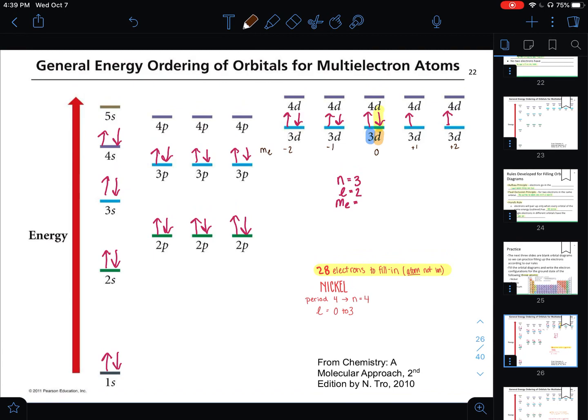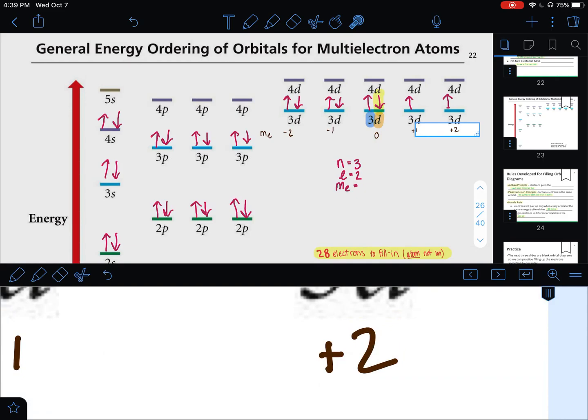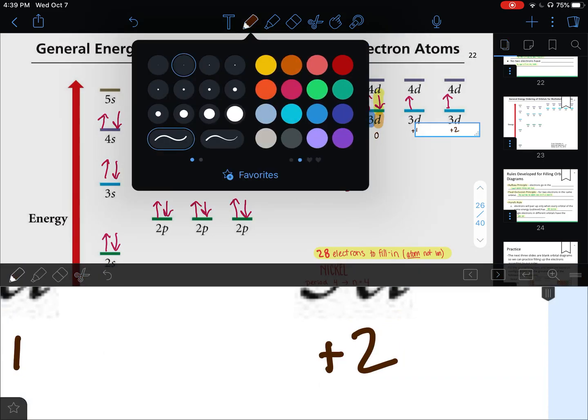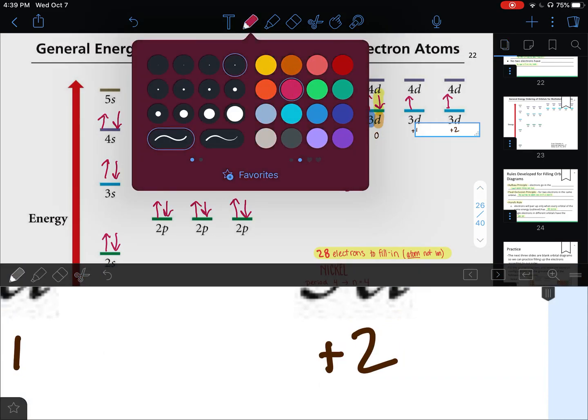So think of this as a number line. Start with the lowest and work your way up. So this tells us that our electron is in this orbital right here. Our m sub l is 0 because our electron is in the orbital right there. Let's write that in.